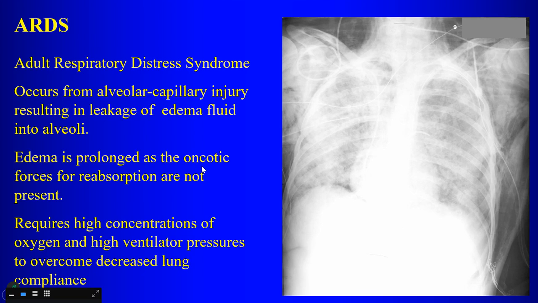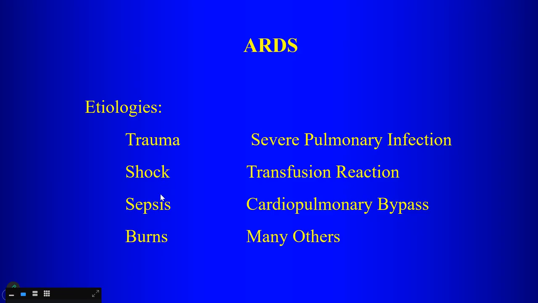The edema is prolonged because the fluid is protein rich and the oncotic forces for resorption are not present. So treatment requires high concentrations of oxygen and high ventilatory pressures, because the lungs become very stiff, with decreased compliance. Many times the opacities that we see in the lungs represent atelectasis because the lungs are very stiff. There are many causes of ARDS. I'm sure you're familiar with these.